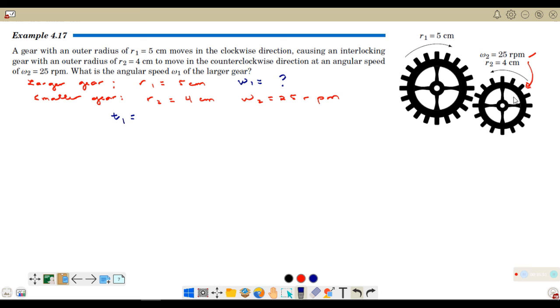And vice versa. Kung ito yung gagalaw, gagalaw tong malaki. Kung ito yung titigil, titigil yung malaki. So, at exactly the same time. So, the time that one of the gears will cover will also be the time that the other gear will cover. Ayan. Yung movement nila ay laging the same. Hindi sila pwedeng gumagalaw yung isa, nagko-cover ng distance yung isa, tapos yung isa stagnant. Hindi pwedeng ganon. Pag gumalaw yung isa, gagalaw yung isa.